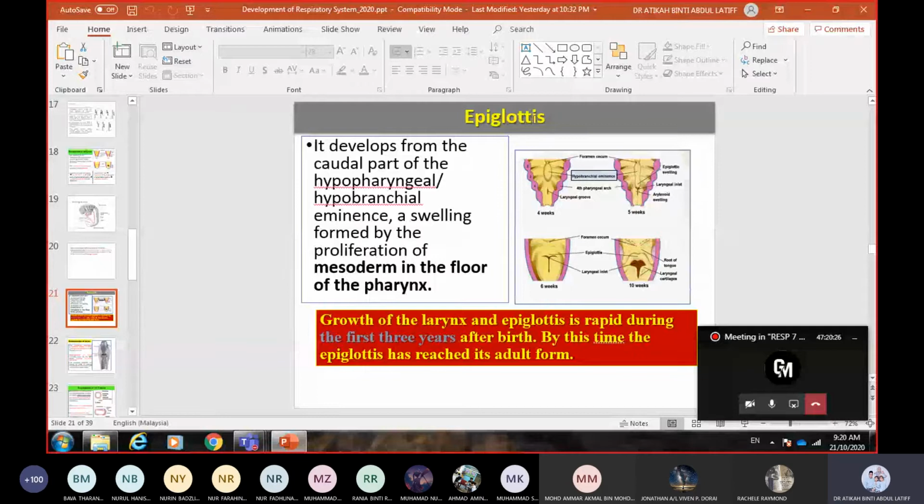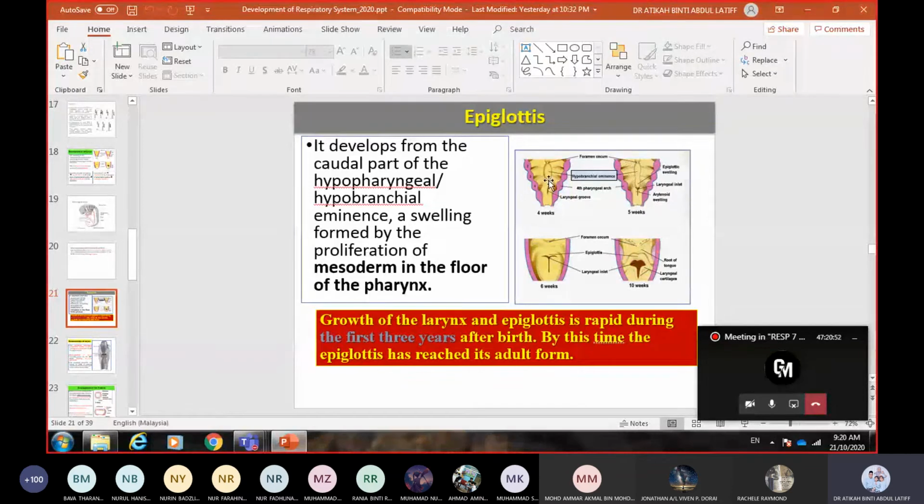Okay, how about the epiglottis? Again the same picture. But instead of being formed by the neural crest cells, the epiglottis is formed by the hypobranchial eminence, which is here in the middle. So this hypobranchial eminence will develop into the epiglottis.